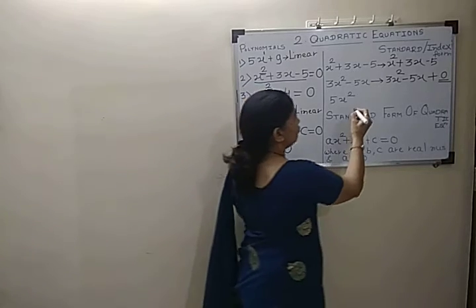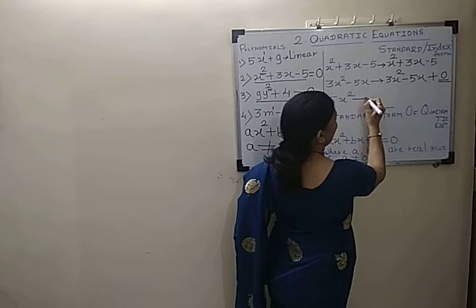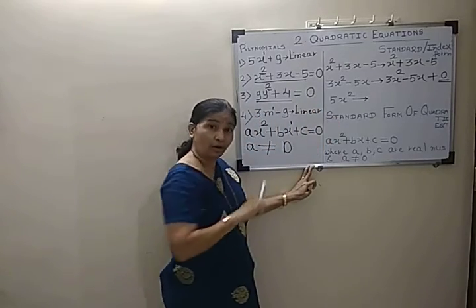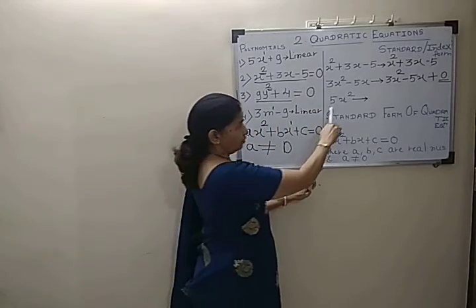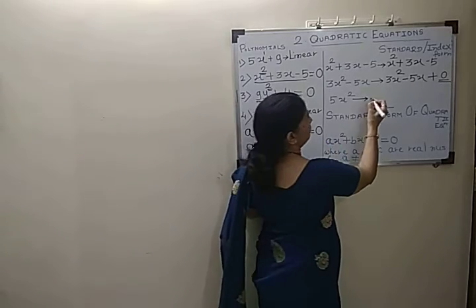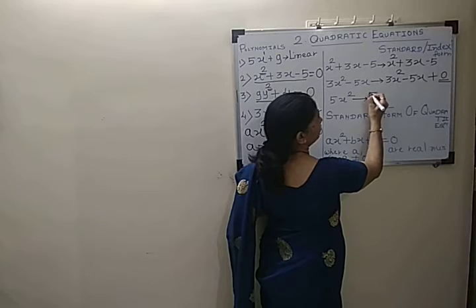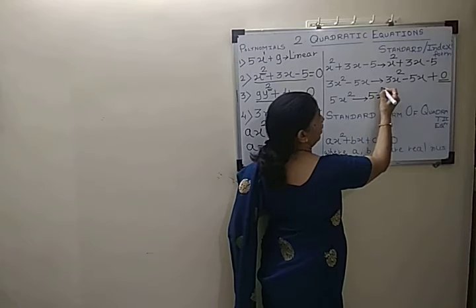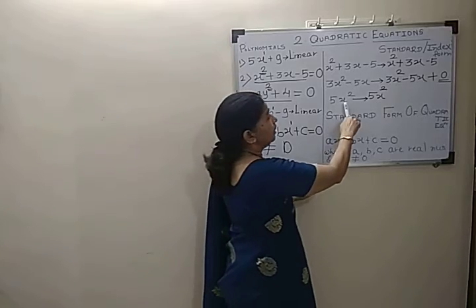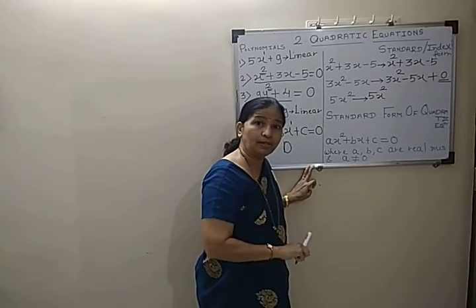Now, what about this one, 5x square? How can I write it in standard or index form? Now see, 5x square, no? So I will write at first 5x square. Next what to write? Next, the bx term is not there.